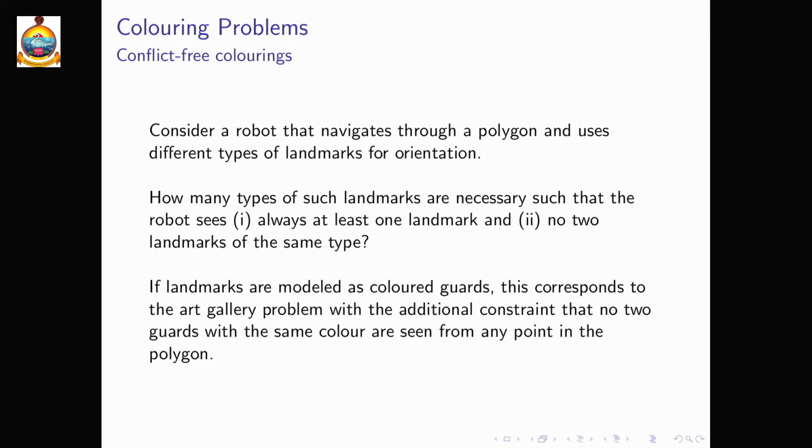So the landmarks must be unique. At any point on the path, the pilot must not see 2 landmarks of the same color. Because then it says this way, it says that. So every color indicates some definite path to follow. So this is the version we are talking about.